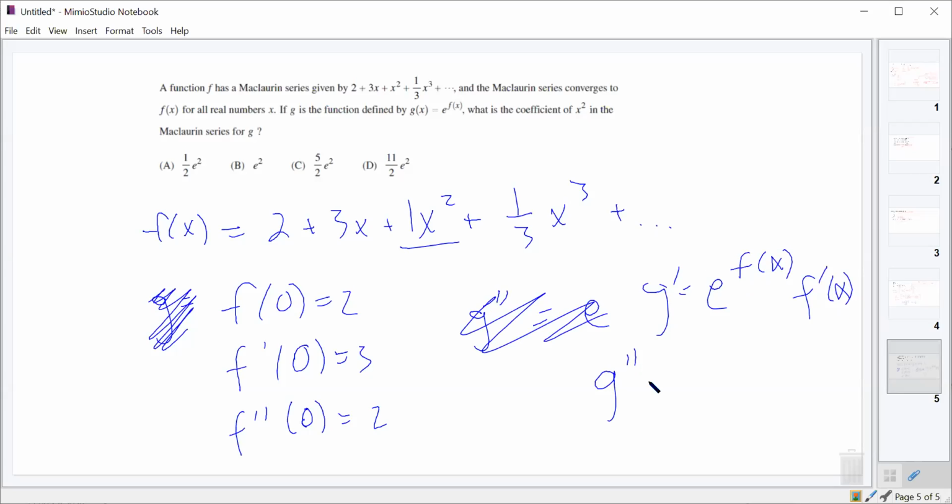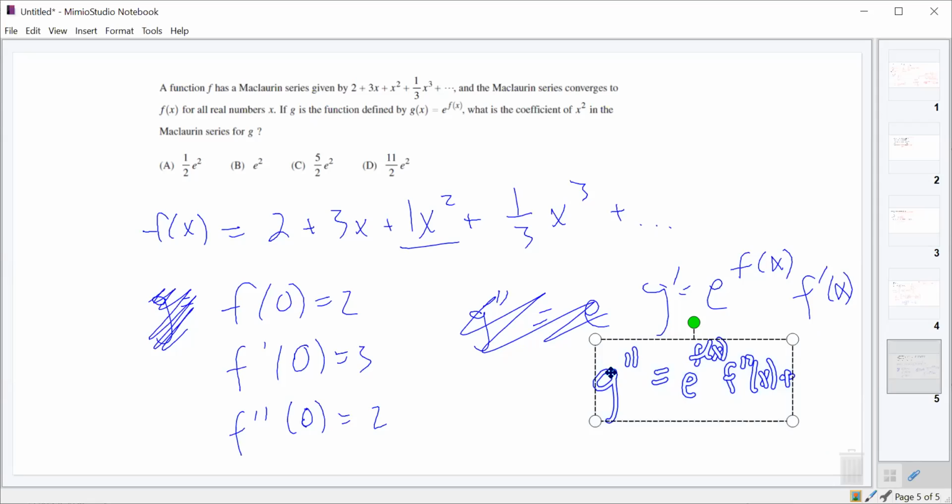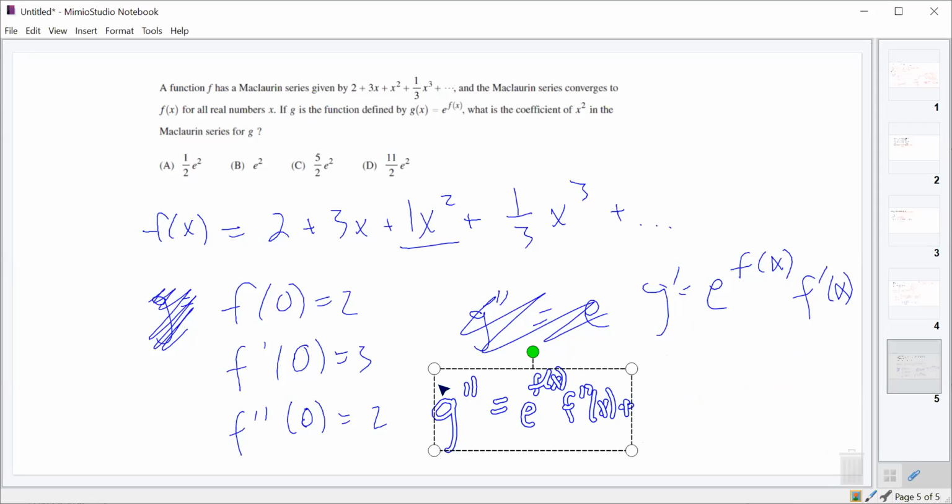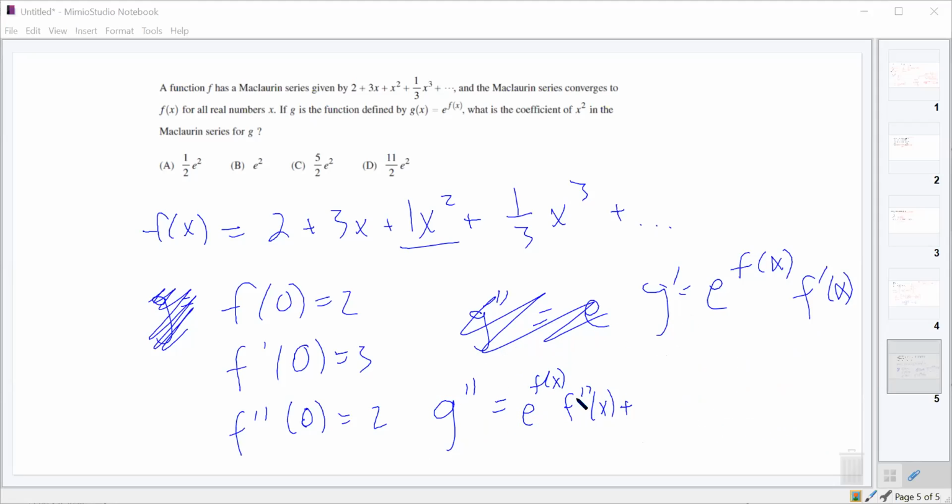And g double prime ought to be e to the f of x times f double prime of x, plus e to the f of x times f prime of x times another f prime of x, if you take the derivative of g prime.